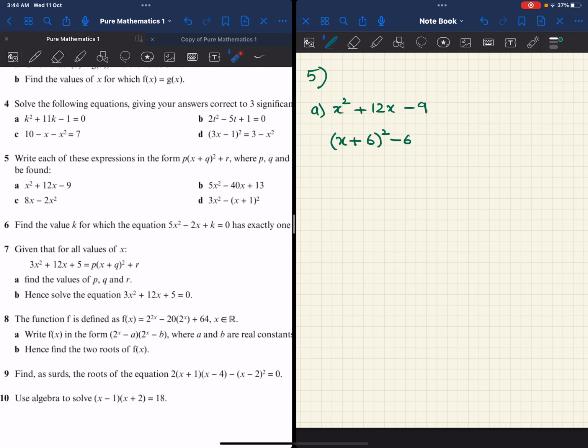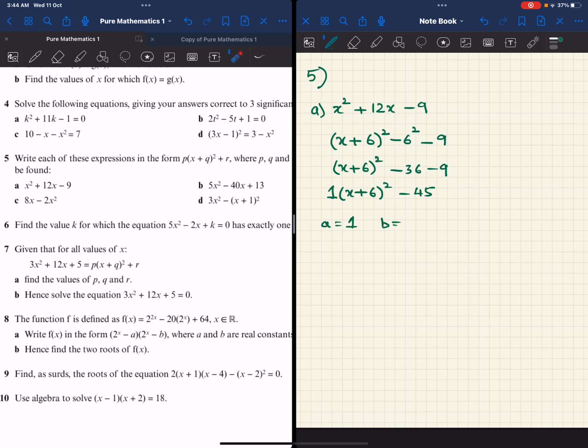So −6², and −9 as it is. So (x + 6)² − 36 − 9, and that gives us (x + 6)² − 45.